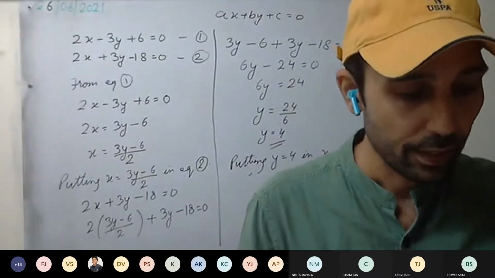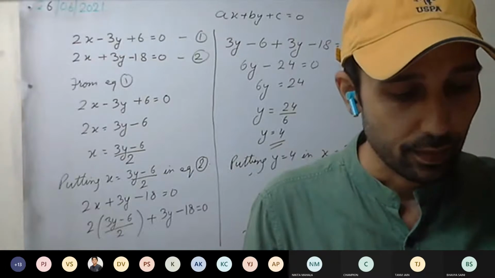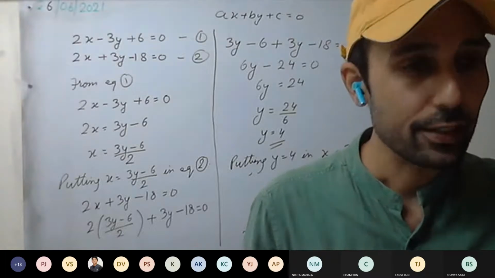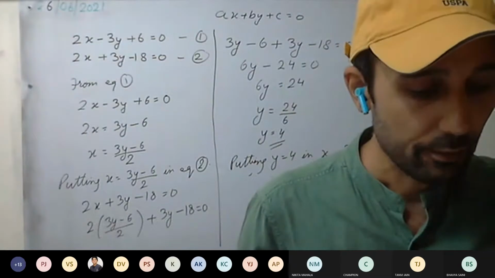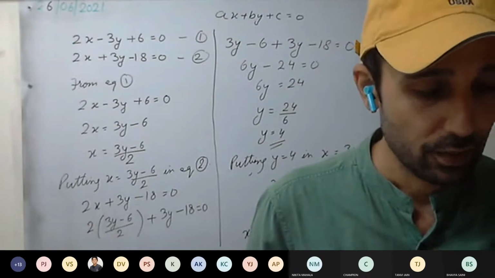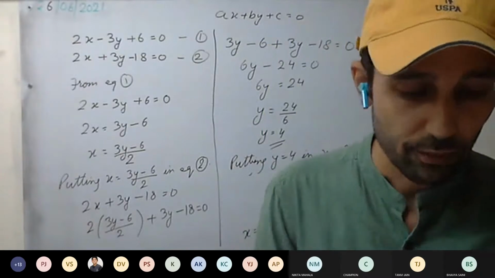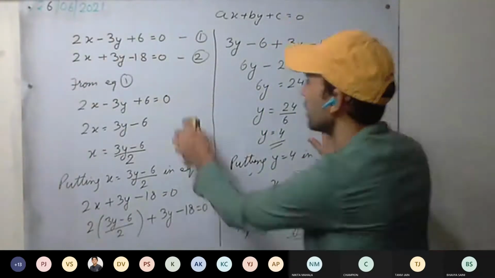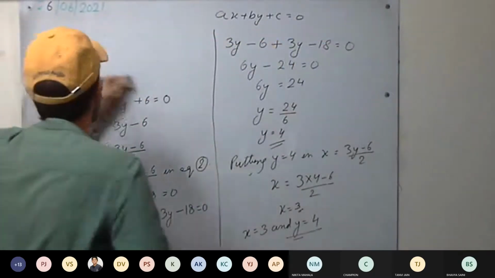In the second equation, if you take the LCM on the left hand side and right hand side, you have to convert it into an improper fraction, and the LCM from the left hand side will get cancelled by 6 on the right hand side. Do it and find the equation. This is clear to all?